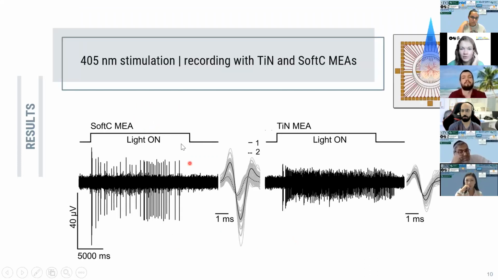But before that, we wanted to see the stimulation as well, if we can stimulate and record simultaneously. At this point, we didn't have the pigments on our multi-electrode arrays, but there's a part of the retina that is sensitive to blue light. So we tried that. And we also recorded on our MEAs and also on the standard commercial MEAs. And we see that we can stimulate and record the responses to light.